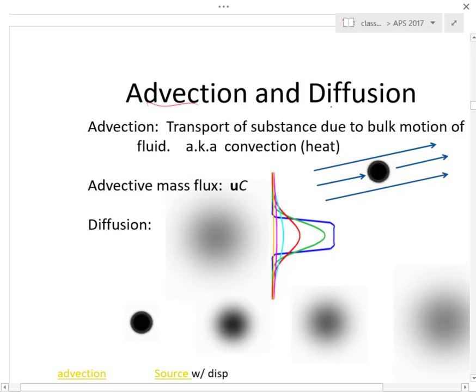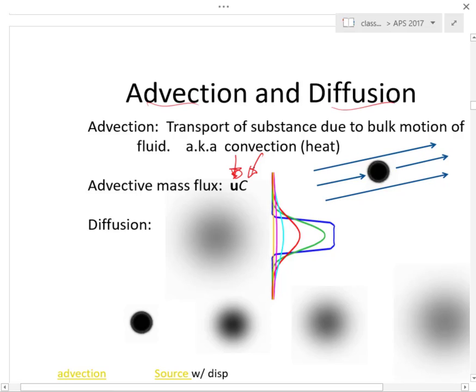So we've got two things going on here, diffusion and advection. This will be just a simple first cut. What we mean by advection is the mass that's transported just in the flowing fluid, so the flux of mass. This is something we've seen, I think, since the early days of the class. The mass flux from advection is just going to be the velocity or the volumetric flux of the fluid times the concentration.